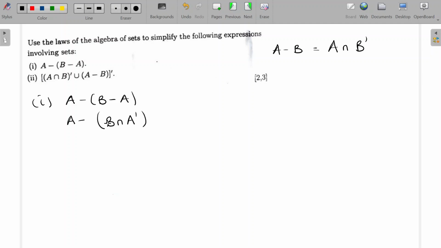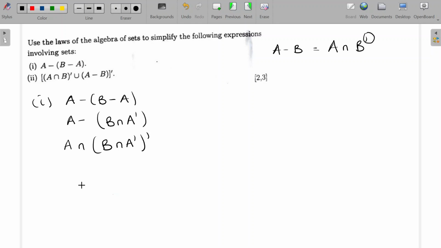After we have expressed this, now we go with what is outside. We have A minus (B intersection A complement). This is one set, so you are subtracting this set from A, meaning A intersection (B intersection A complement) complement. Since we are subtracting that set, we write the complement on the outside.